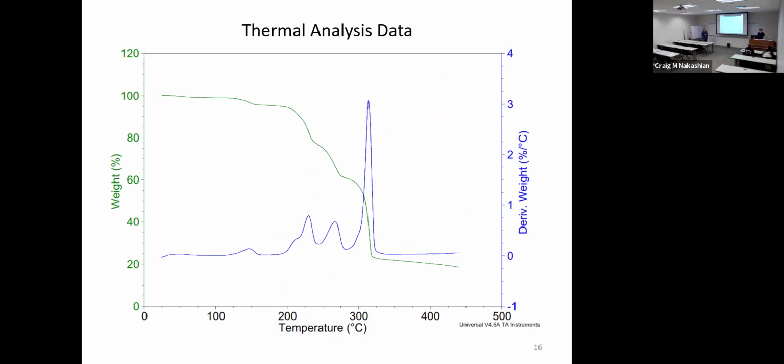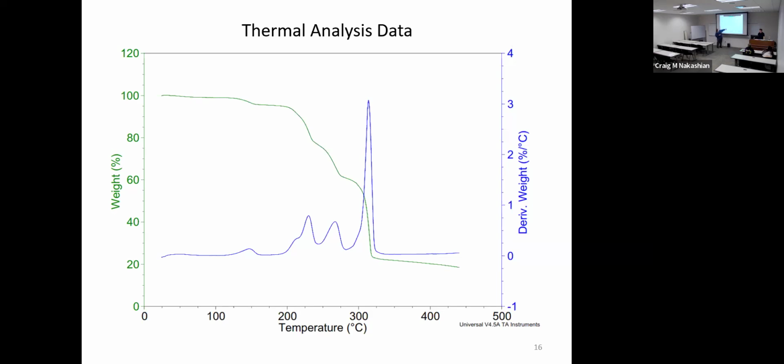The results here showed there's no divot at the top because there was no inserted gas molecule to leave. This is the TGA, the thermal analysis of the empty framework, and this is a derivative of it. So we're looking at the change with respect to temperature as we increase.